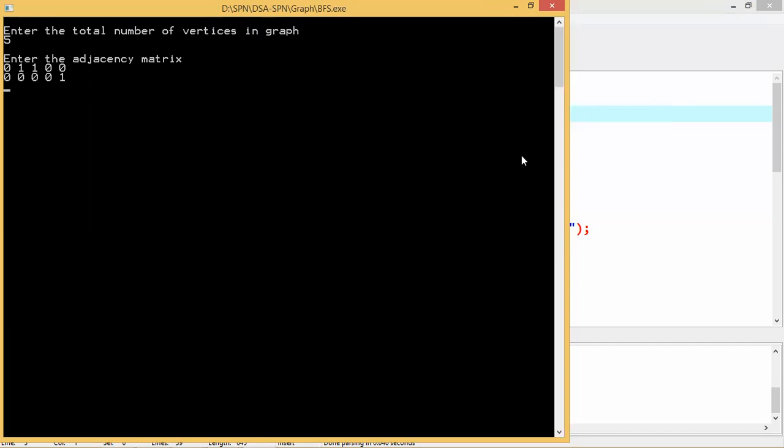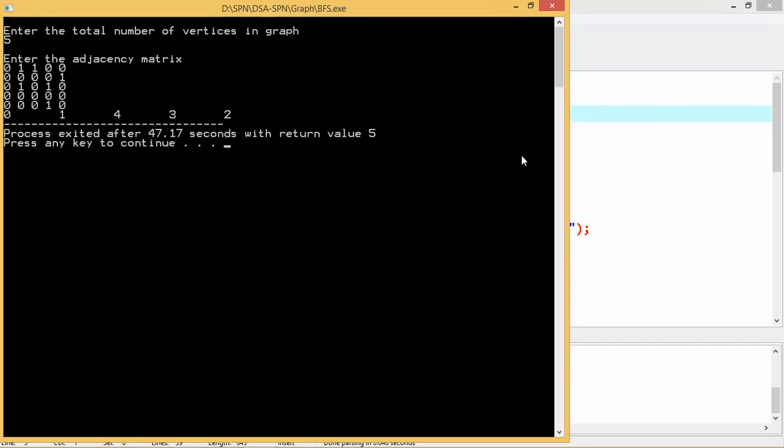Again 0, 1, 0, 1, 0. Done. Then 0, 0, 0, 0, 0. And the last one 0, 0, 0, 1, 0. Now this is the traversal: 0, 1, 4, 3, 2.